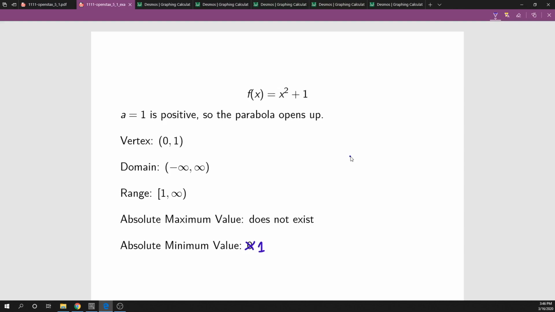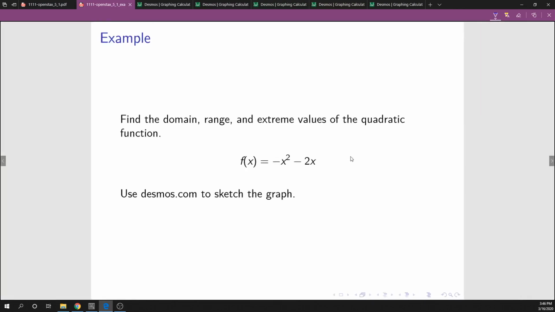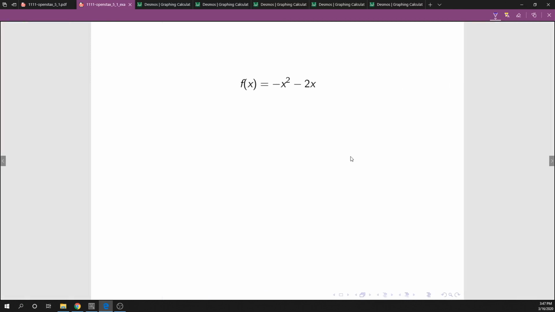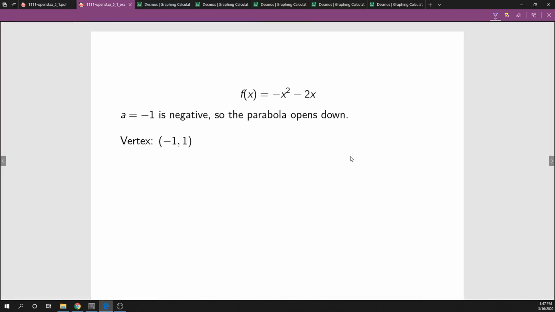All right, next example is find the domain, range, and extreme values of the quadratic function negative x squared minus 2x. Going through, we see that a is -1, so the parabola opens down. In the previous video on finding vertices, we found that the vertex of this parabola was (-1, 1).